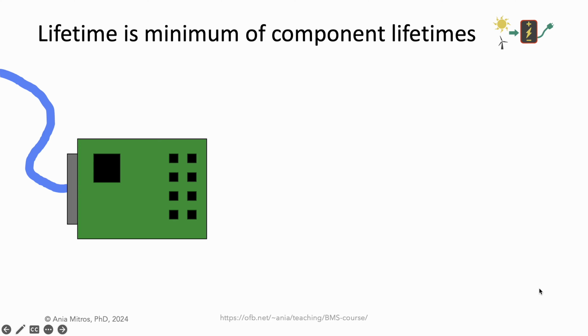Importantly, the product lifetime is the minimum of the component lifetimes. Imagine you design a device where all the components last 15 years, except one, which breaks at 2 years. Imagine what fails is the connector. You may have a fully functional board that cannot talk to the outside world, or, in other words, a broken unit.